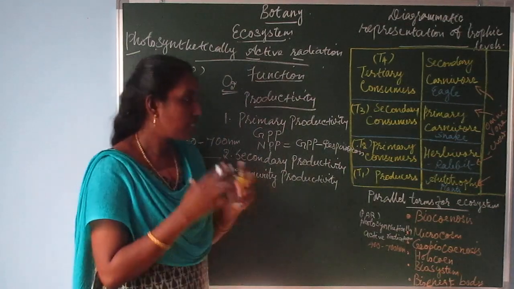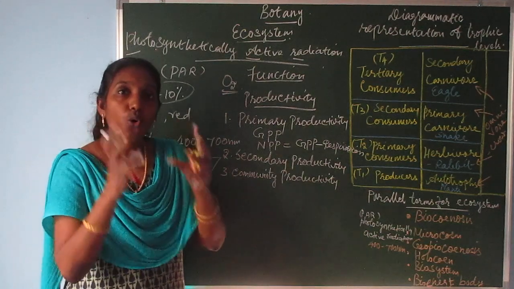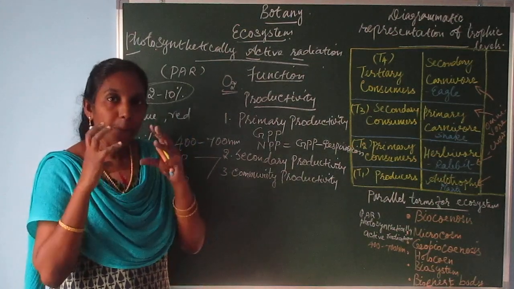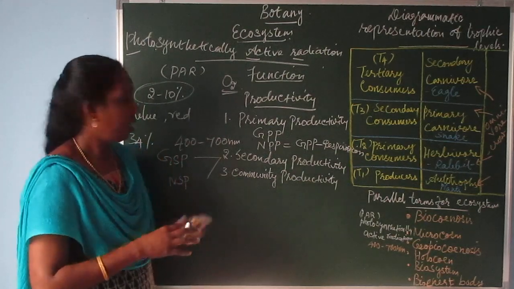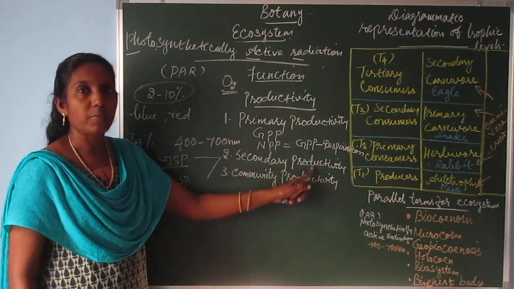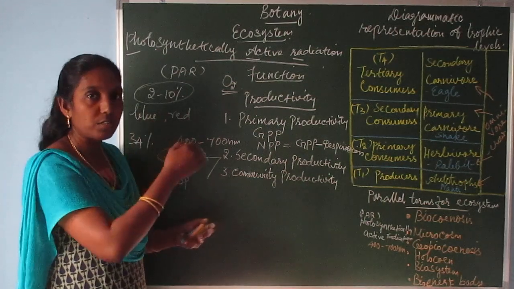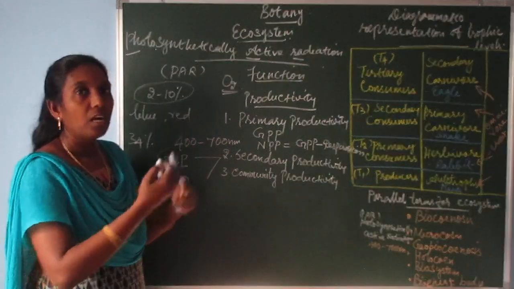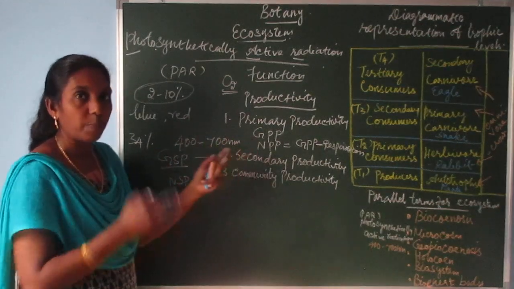What is meant by gross secondary productivity? Heterotrophic organisms consume or ingest the autotrophs, the plants.